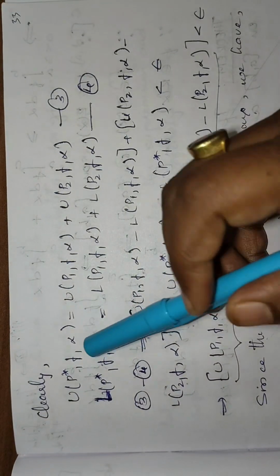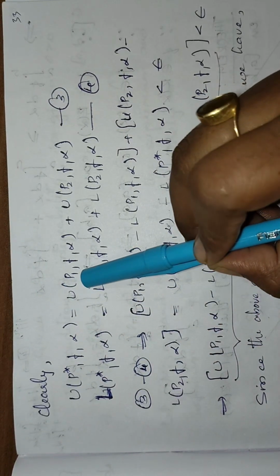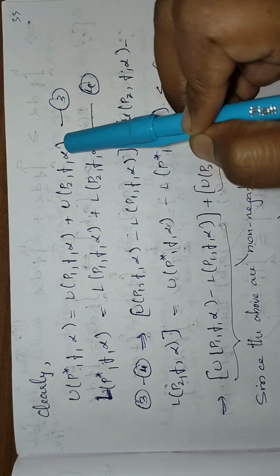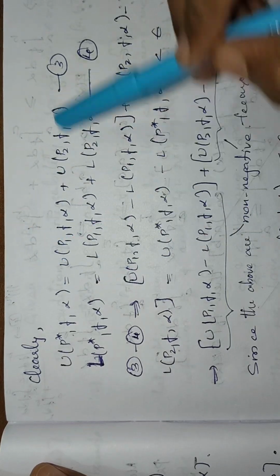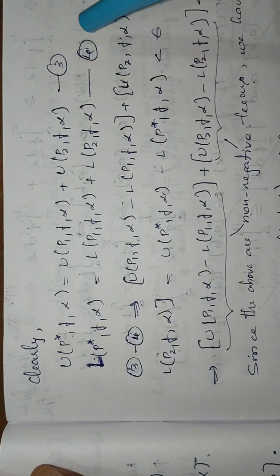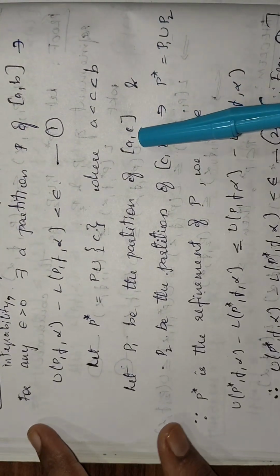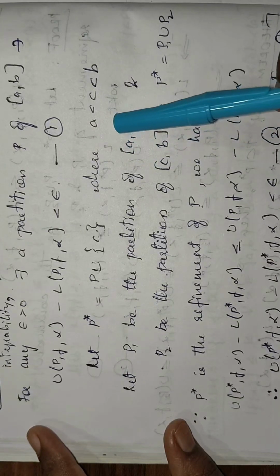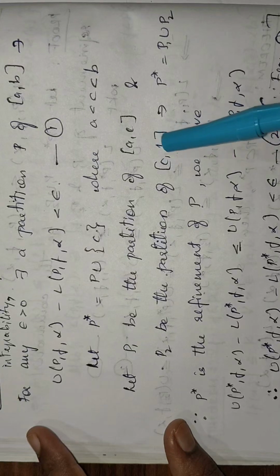Clearly U of P star comma f comma alpha is equal to U of P1 comma f comma alpha plus U of P2 comma f comma alpha. You need to note that equations 3 and 4 would not be true if it had closed interval a comma c here and open interval c comma b here.